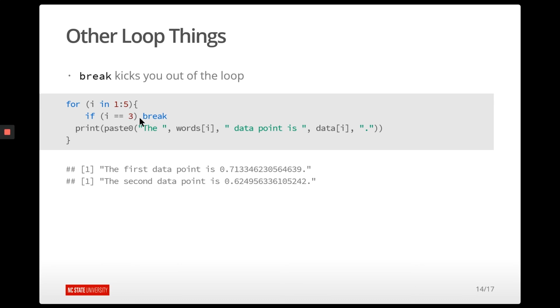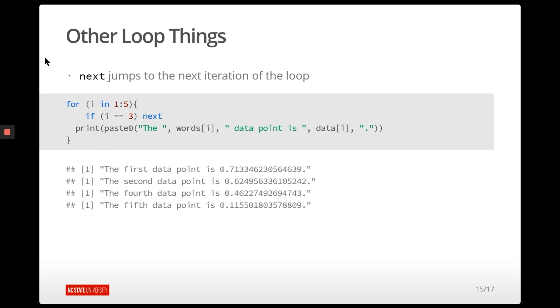And notice that since I've written the conditional, the code that will execute if the condition is true, on the same line, I don't actually need curly brackets. But I could, if I wanted to be verbose, put a curly bracket here and a curly bracket here. Okay, but you can see here that once i reaches 3, the condition resolves as true, and then break is executed, so it kicks us out of the loop.